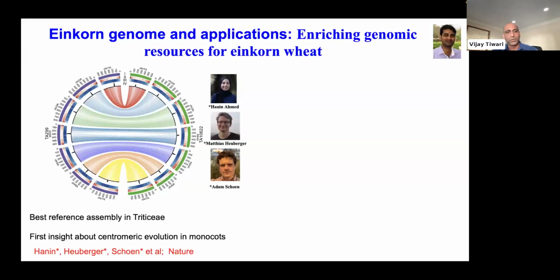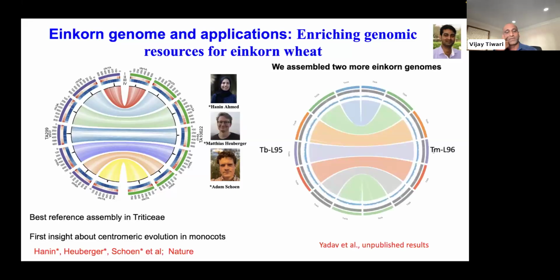It combined two unique accessions: Triticum monococcum subspecies monococcum, TA10622, which is a domesticated accession, and TA299, which is a wild Triticum monococcum subspecies aegilopoides. And then because of a very specific interest in two accessions, Triticum monococcum subspecies aegilopoides L95 and Triticum monococcum subspecies monococcum, the domesticated one, L96, we also assembled two more genomes.